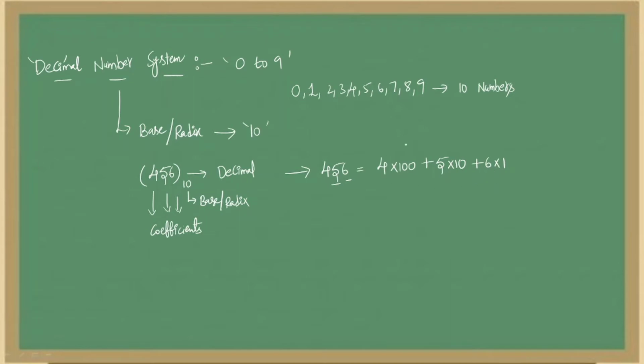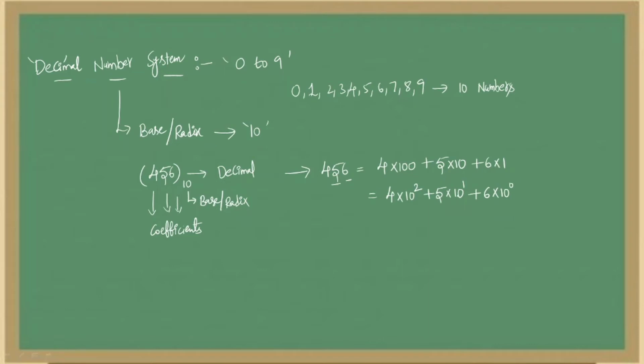In another way, I can write the summation of all these products as 4 into 100, which can be written as 10 square. Similarly, 5 into 10 can be written as 10 power 1, plus 1 can be written as 10 power 0, because anything to the power of 0 is obviously 1. Hence I can write 6 into 10 power 0.